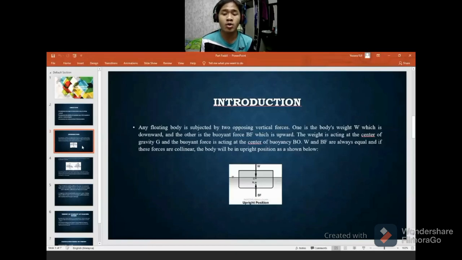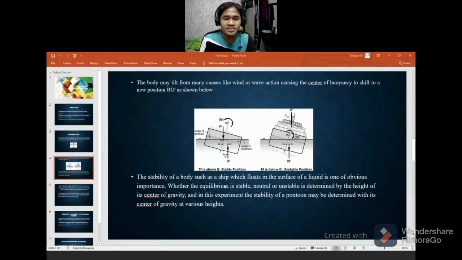W and Bf are always equal, and if these forces are collinear, the body will be in an upright position as shown below. So it means the body will remain the same and not move. The body may tilt from many causes like wind or wave action, causing the center of buoyancy to shift to a new position BO prime as shown below.